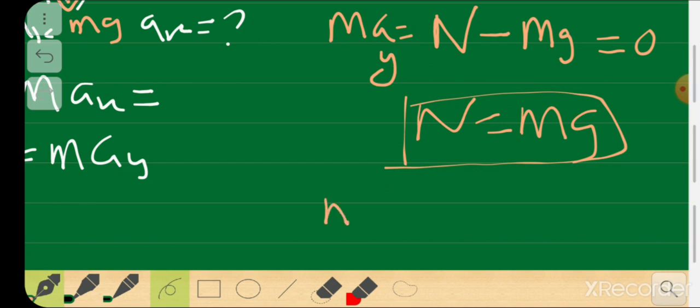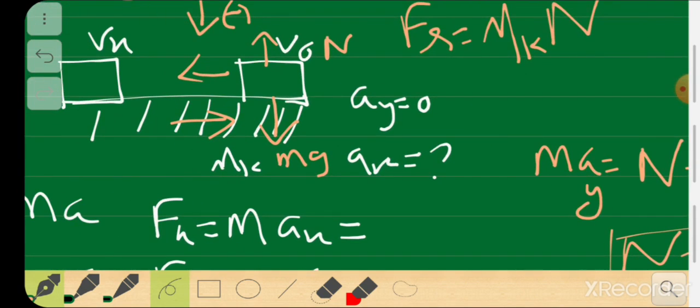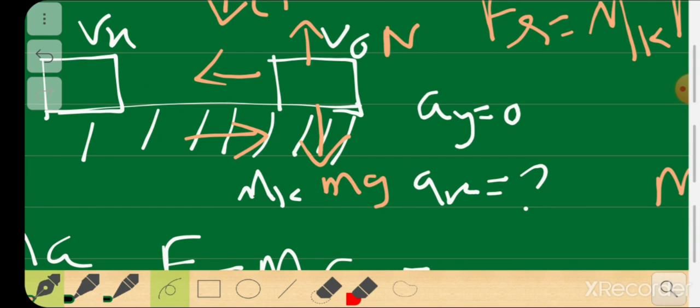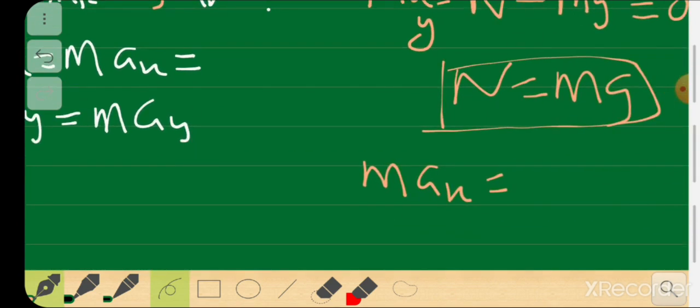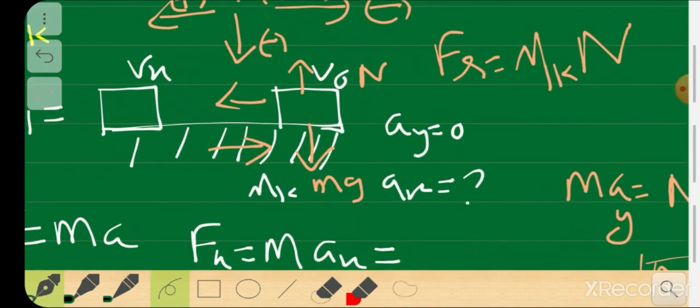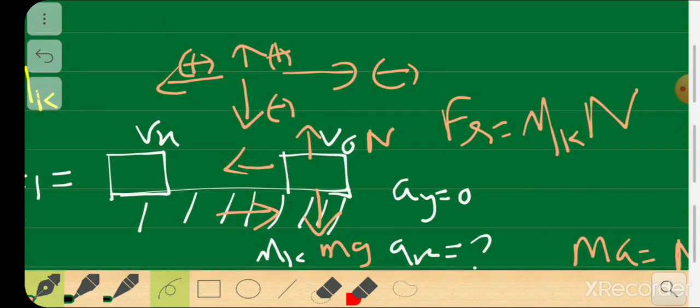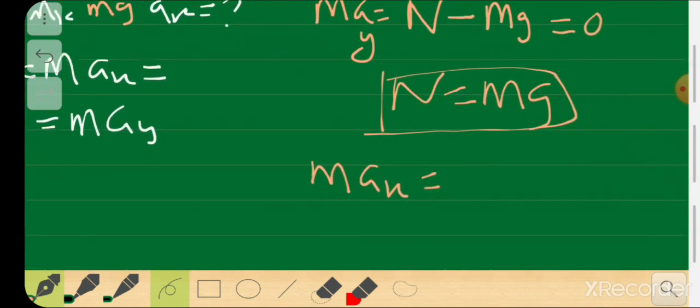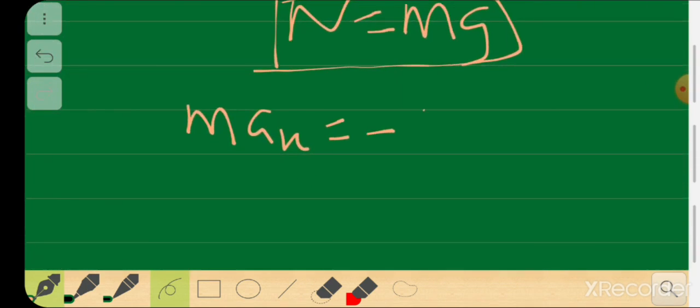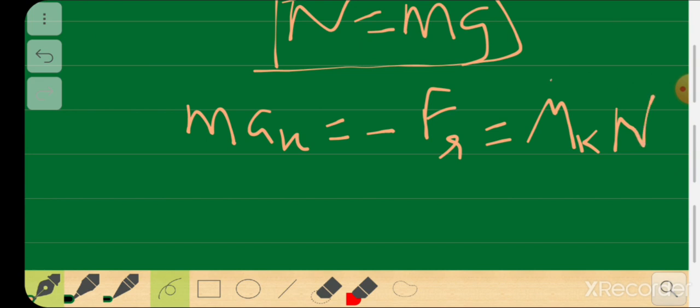Now if you look back at the x-axis, what happens? We have max. The only force acting is the frictional force, and the frictional force is in the right direction, and we have taken right direction as negative. So max is equal to minus the frictional force, which is equal to mu k times the normal force, with a minus sign.